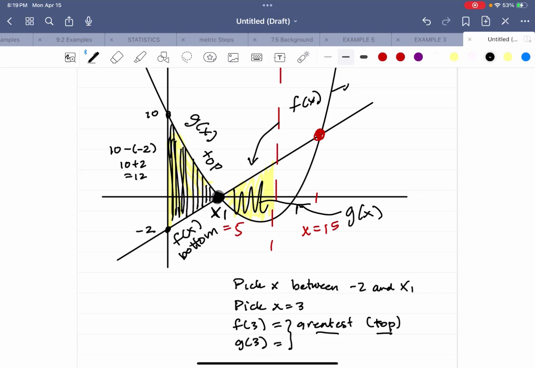And if you look for a point between -2 and x1, find that value, and whichever one gives you the greatest would be the function on top. So that's the explanation they're going to show you in the textbook. But I will give you the graph, and I'll give you the shaded area I want, and you'll just set up your integrals and do the integration to find the area.